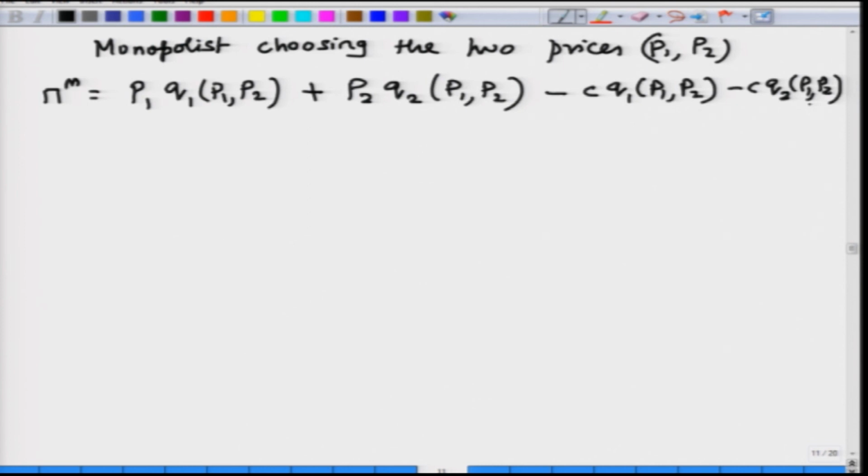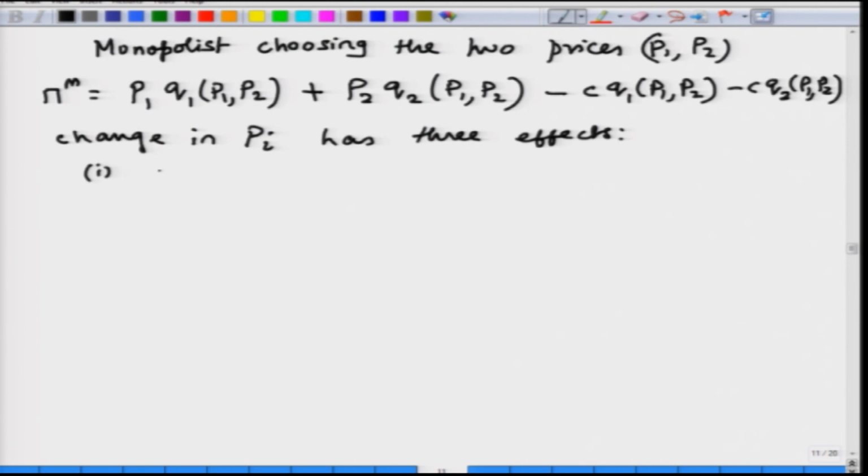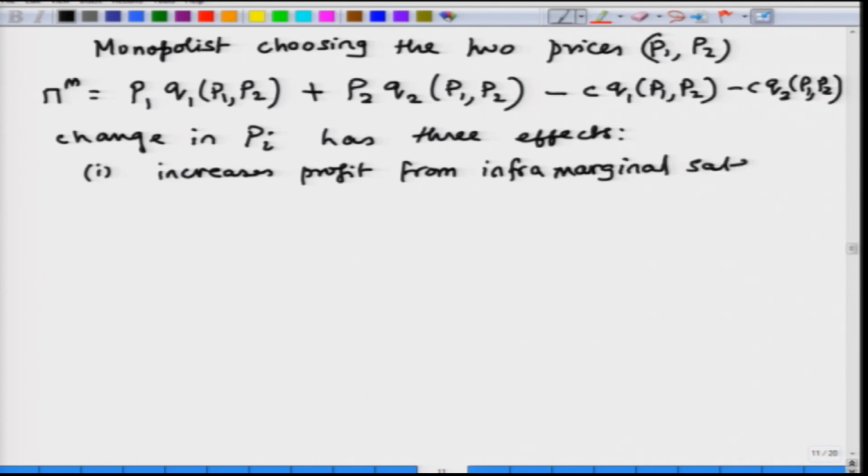So, essentially now there are going to be 3 effects. A change in Pi, where i could be 1 or 2, a change in the price of the ith product, has 3 effects. One, it increases the profit from the inframarginal sales, right, as before.